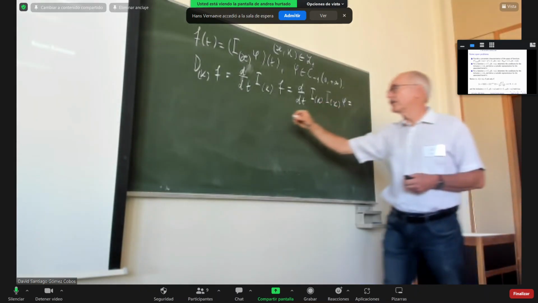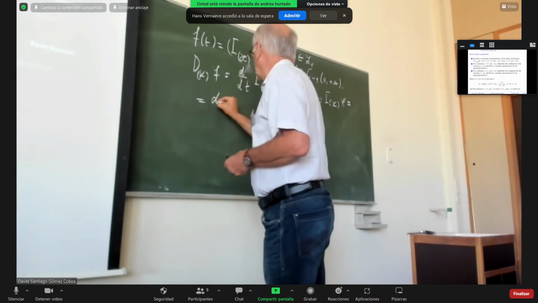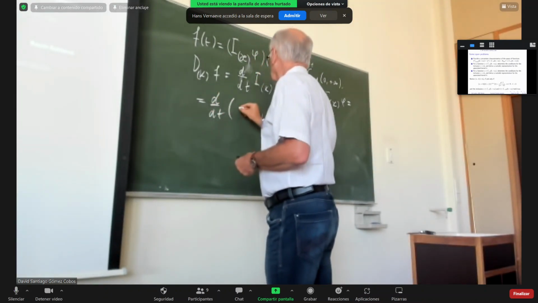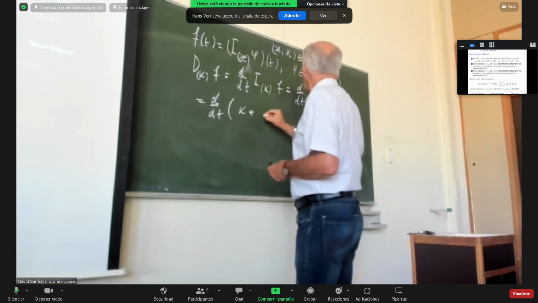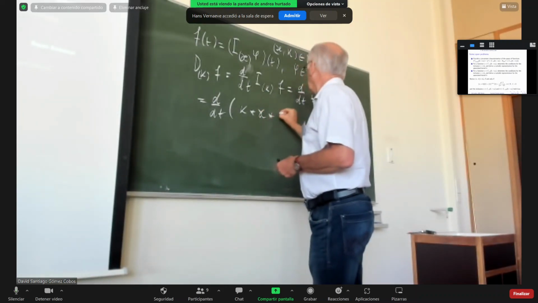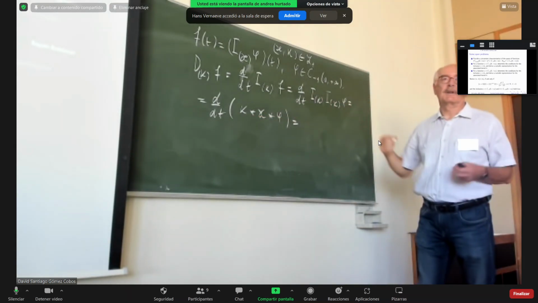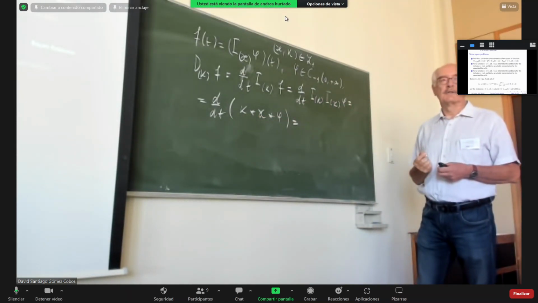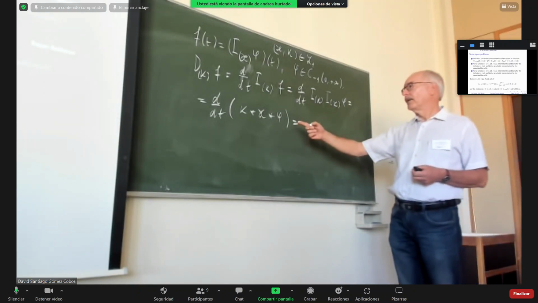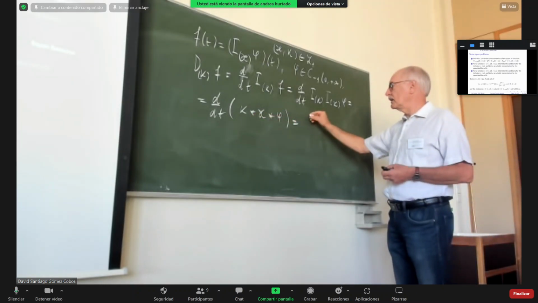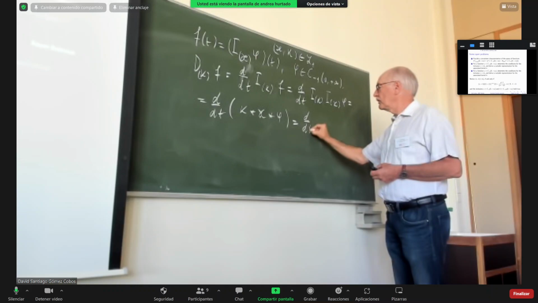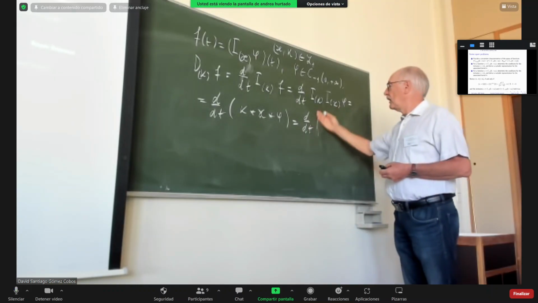Here we can just build the convolution of the kernels k, kappa, and phi, and the convolution of k and kappa is just the constant function 1, because these kernels fulfill the Sonine condition.